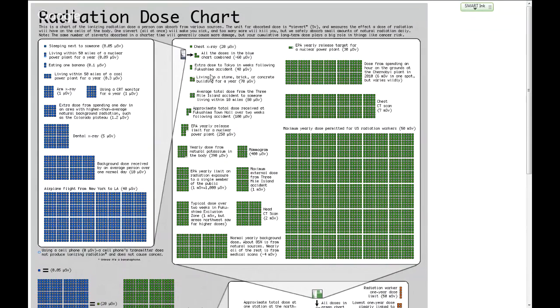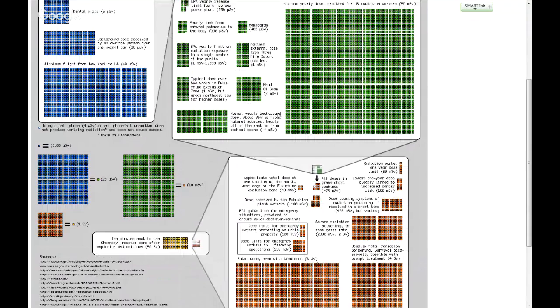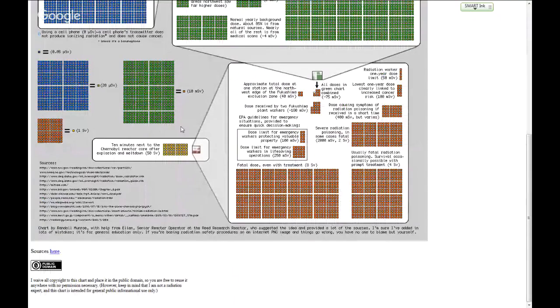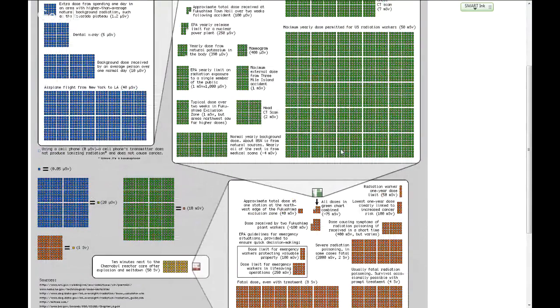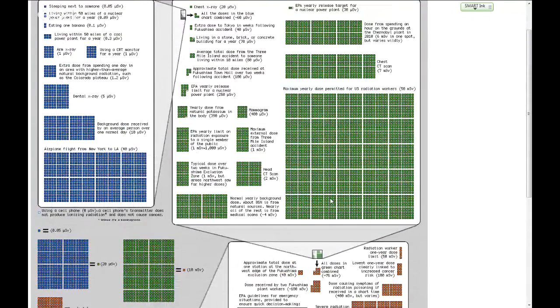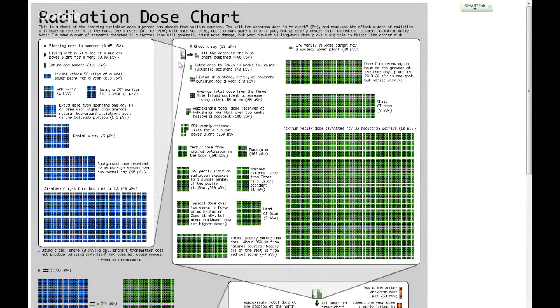Basically, looking from here to here, it's going up. So this many of the yellows is all of that put together. This many oranges is all of that put together. This many greens is all of that blue put together. So it gives you a sense of how much radiation it is for other things.